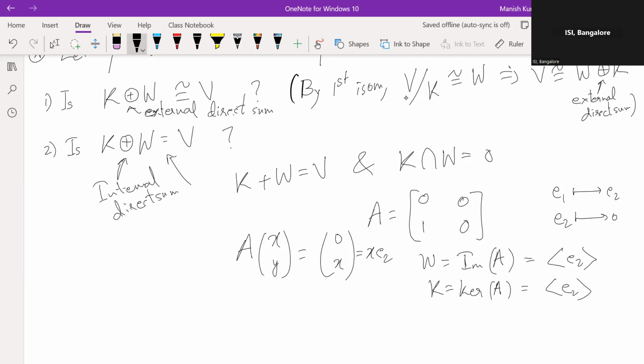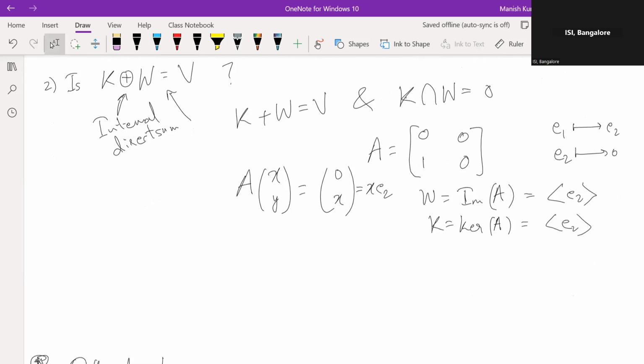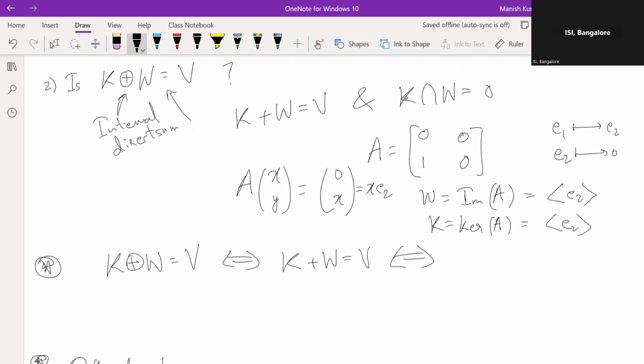So this is not true. What you can say is that K plus W is equal to V if and only if K intersection W is equal to 0. These are three equivalent conditions, so you only have to check one of them.